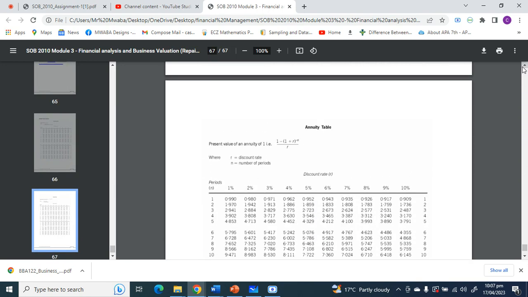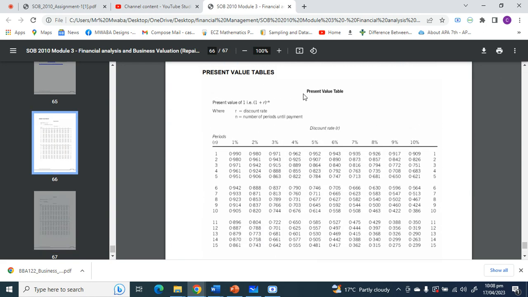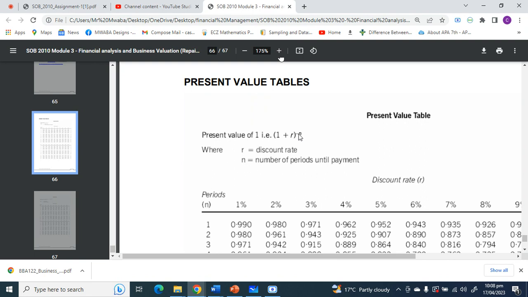We go to our present value tables. Please make sure you know the right table. Worst case scenario is you go to the annuity table and you put these discount factors. Those who want to use the formula, this is the formula you'll use: 1 plus r to the power negative n.